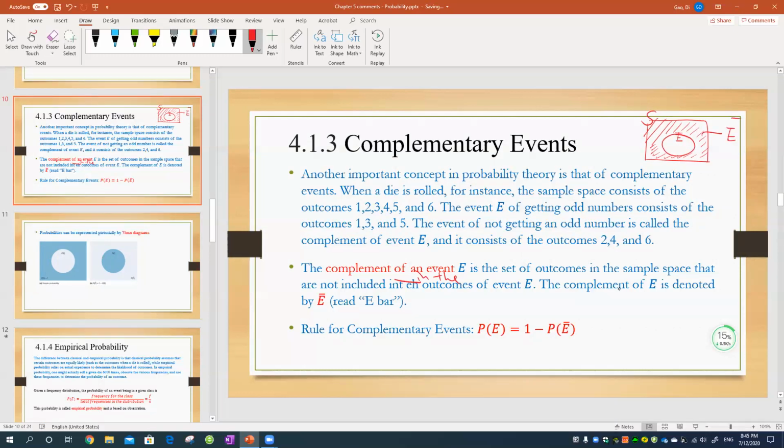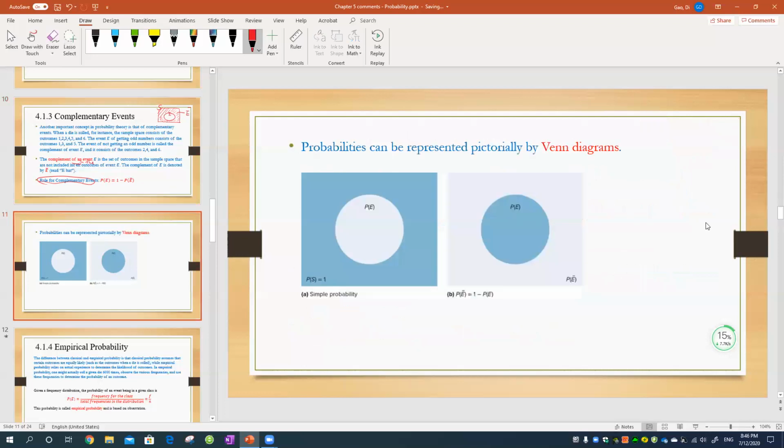And we have a complementation rule, the rule for complementary events, and it is for probability. So probability of event E equals 1 minus probability of E complement, E bar. And this plot we just drew, we have a name for it. We call it a Venn diagram.